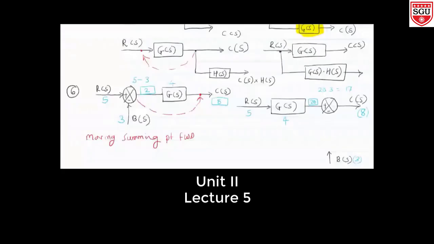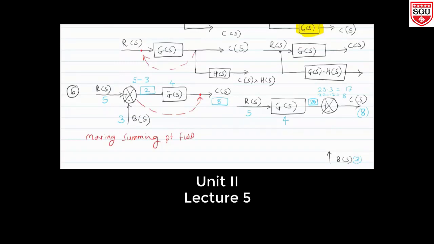It should be 20 minus 12. So when will you get 20 minus 12? 4 into 3. I want 20 minus 12, so that I will get 8.